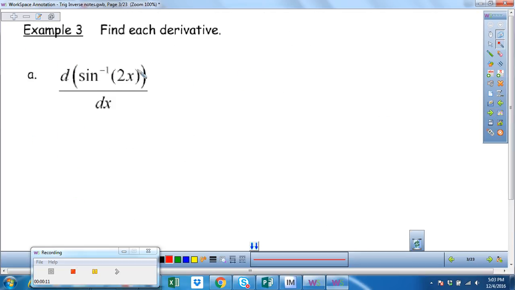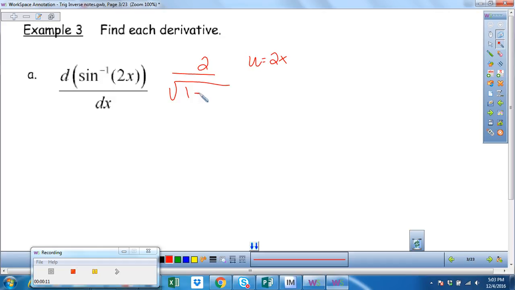So to take the derivative of this, we're going to have to use chain rule. So we take the derivative of the inner function, which is 2. Then the derivative of arcsine u is 1 over the square root of 1 minus u squared, where in this case u is 2x.